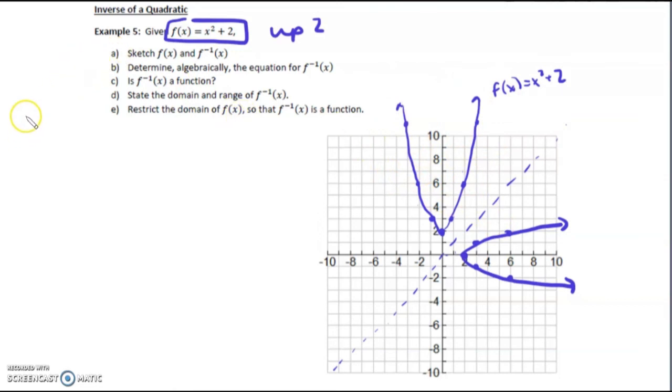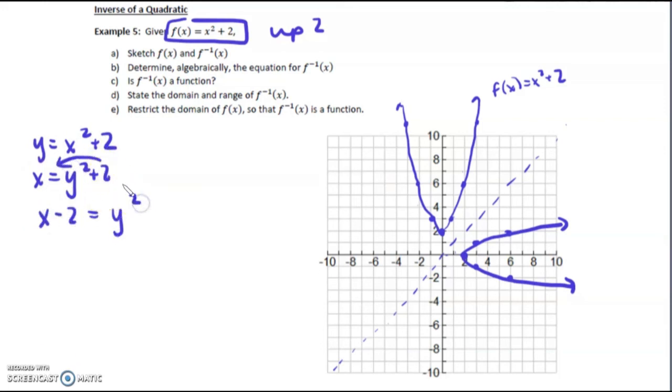Now algebraically, if we were to write this out, we're going to switch the x and the y, and then bring over that positive 2, it becomes negative 2, right? So y squared equals x minus 2, we root both sides.